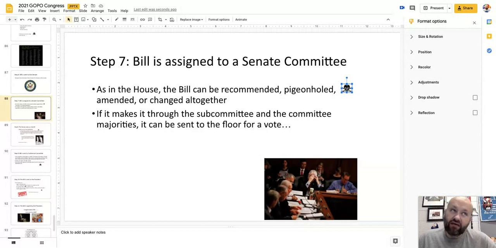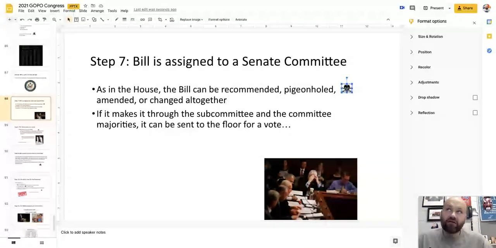And if the majority party gets it through the House, which they should, right? And it goes over to the Senate, and the parties are flipped, right? So this is how it worked before 2021.